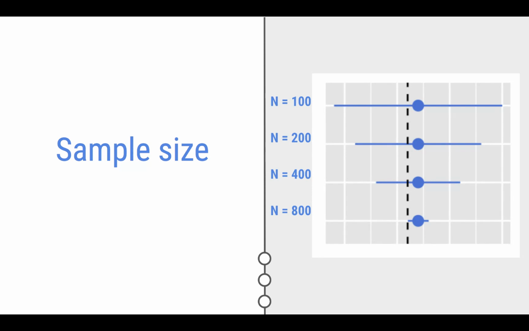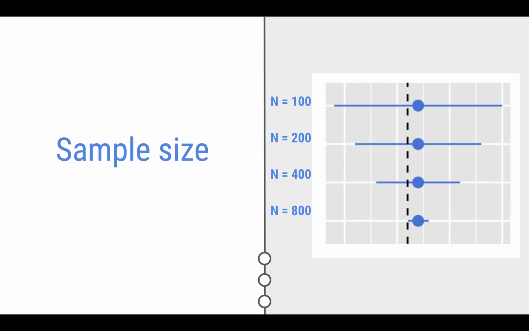The dashed line here is the null hypothesis, the blue dot is the point estimate, and the line represents the confidence interval. This point estimate is very close to the null, and therefore it's not clinically significant. There's not a clinically significant difference between the null hypothesis, that dashed line, and this point estimate.